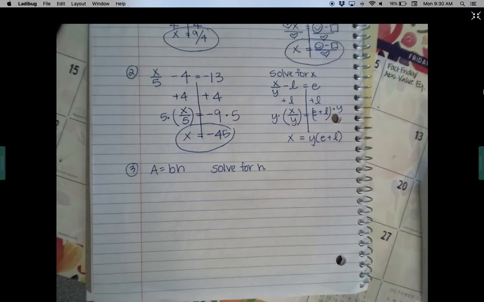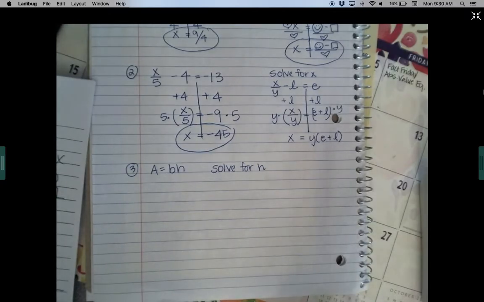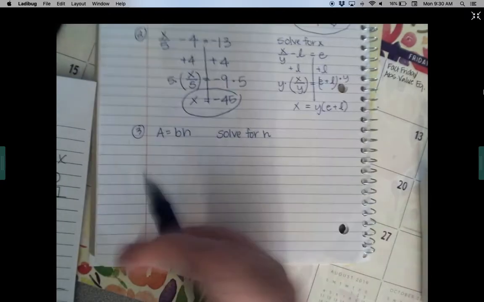This one should be pretty quick, like 30 seconds max, if I had to guess. Most of you are probably already done. Okay, what am I going to do to solve for h?